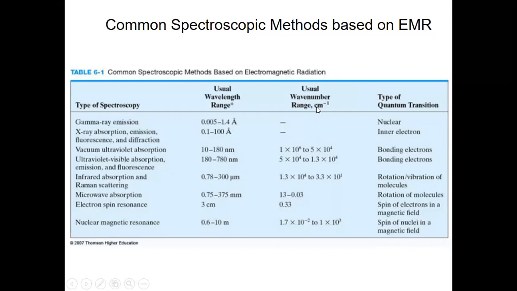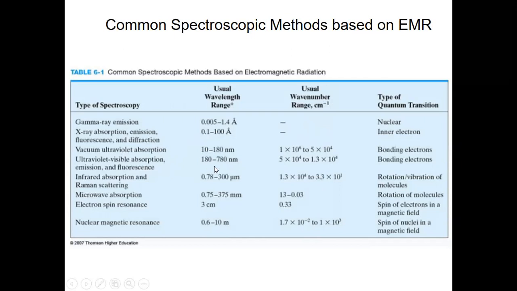I don't want you to remember this wavenumber range, because it is difficult to remember lots of things. Whenever you know the wavelength range, we can calculate either frequency, wavenumber, or whatever. So one is enough. No need to remember all these things. But it is worth remembering at least the wavelength range.